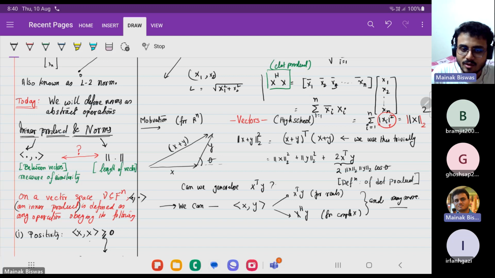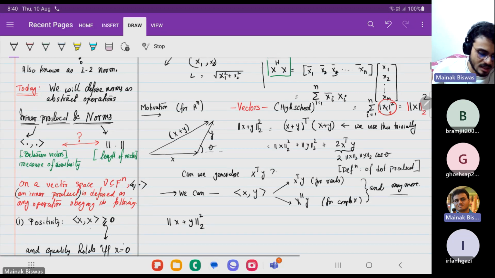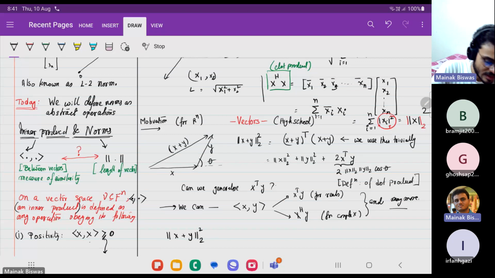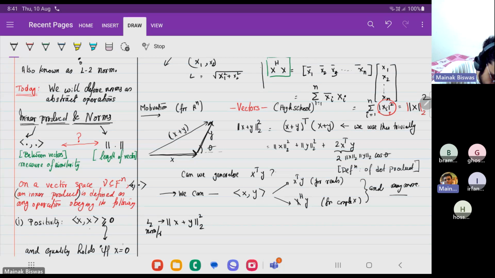So you remember from school that we used to write the distance of x plus y, the resultant vector. If this is x, this is y, what would be the distance of this resultant vector? So this is the L2 norm, right? Norm or the distance.